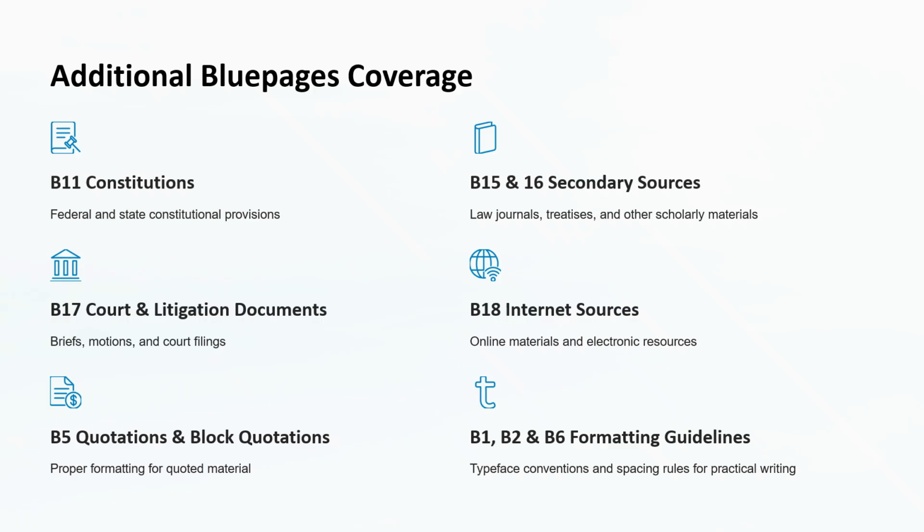B1 gives you the basic format for a citation, and when to use citation clauses versus citation sentences. In B2, you get typeface conventions, and for the most part, you'll only use ordinary Roman type or italics, and it tells you when to use each. And B6 gives you spacing rules that you will use for abbreviations.